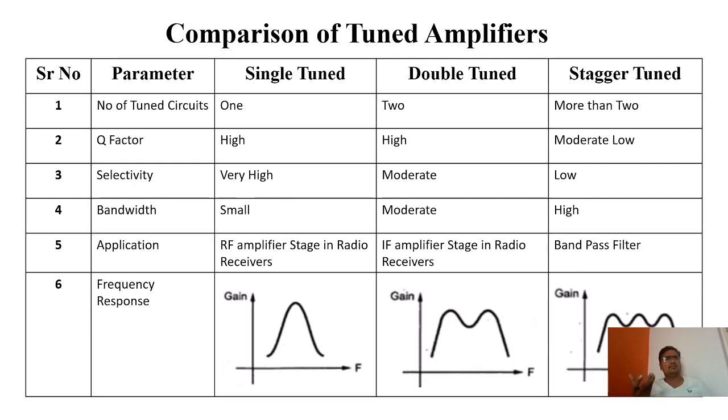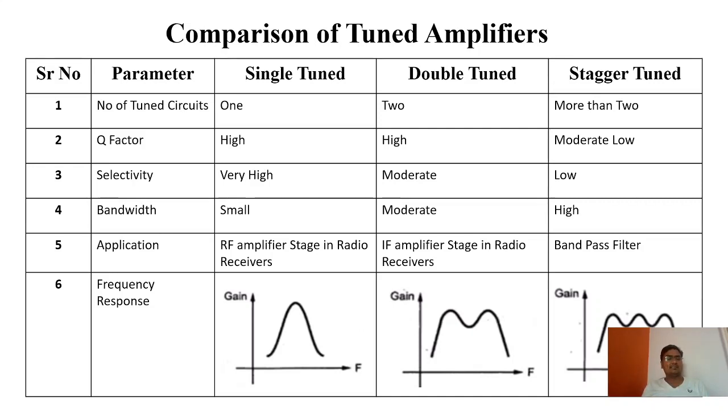The concept of band pass is well known to everyone. Out of all those frequencies, I am selecting a particular band of frequencies, and just that band I am transferring to the output. So this is the band pass filter, and for that application the stagger tuned amplifier is used.